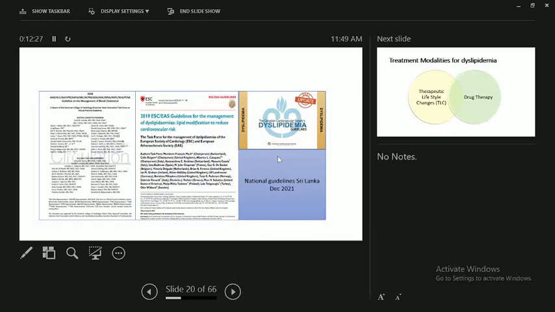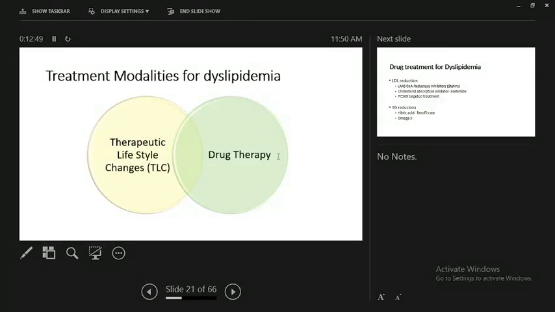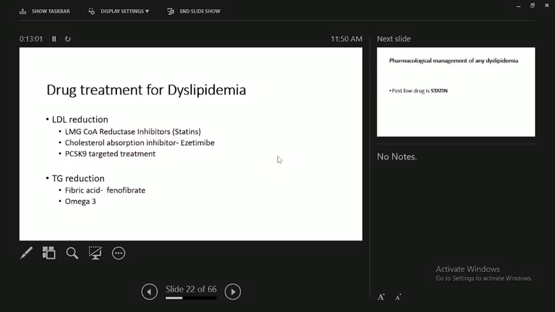There are many guidelines: ACC/AHA in 2018, the ESC guideline in 2019, the Canadian guidelines in 2021, and our national guideline, done by the Ceylon College of Physicians together with the NCD unit of the Ministry of Health, to be published in 2021. The draft version is available. When you talk about the management of dyslipidemia, there are lifestyle changes as well as drug therapy.